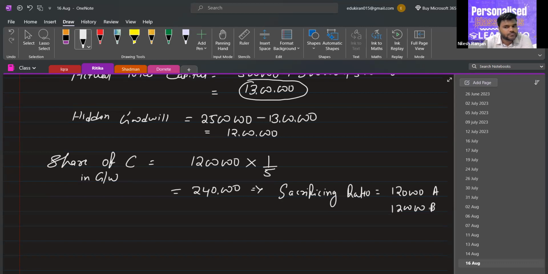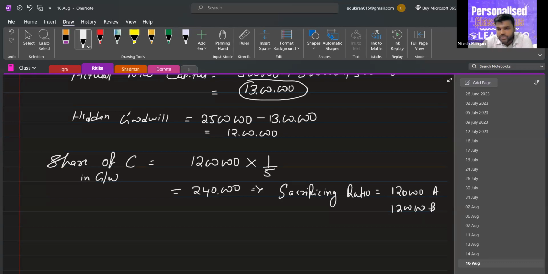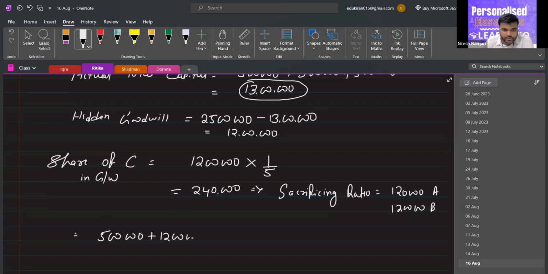Now, after this, the 1,20,000 which is paid to A and B will increase their capital. A's capital will become 5 lakh plus 1,20,000, that is 6,20,000.